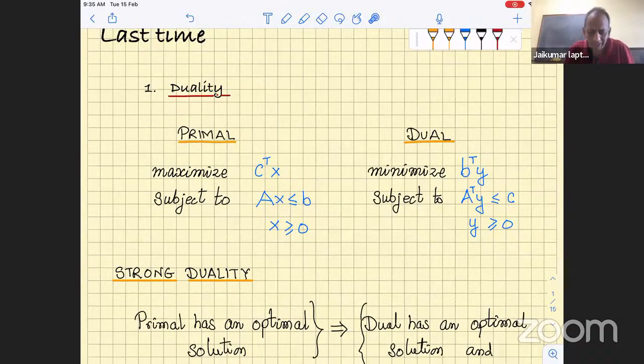When we ran simplex on that LP, because there is an optimal solution, we would have reached a certain state. By analyzing that state, we extracted a solution for the dual, and observed that the objective value it gives matches the primal objective value.